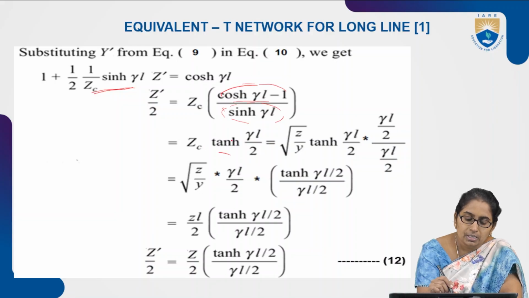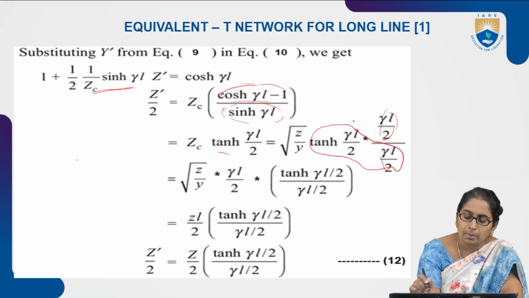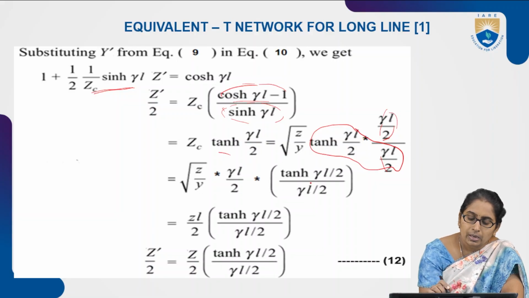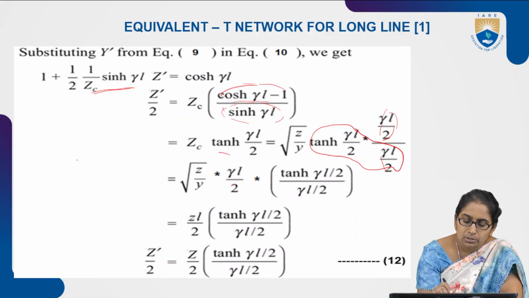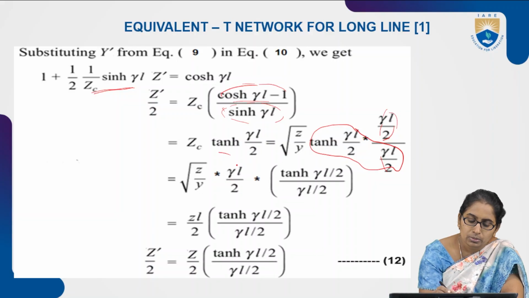Now what is Zc? Square root of small z by small y, and multiply and divide with gamma L by 2 here. Now writing this tanh gamma L by 2 by gamma L by 2 aside, substitute for gamma L by 2. What is gamma L by 2?